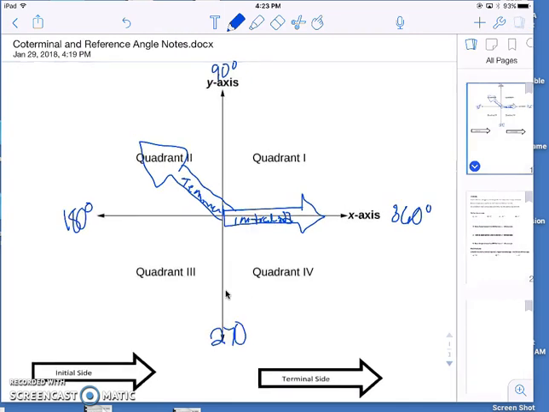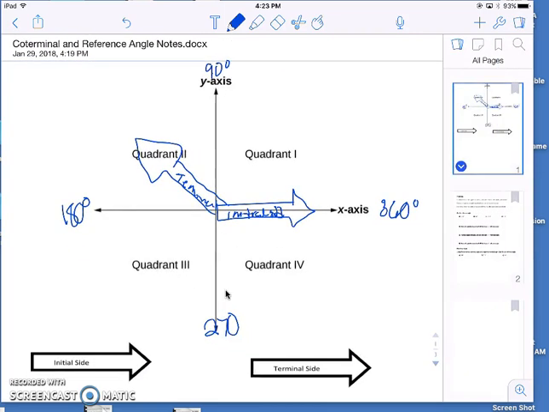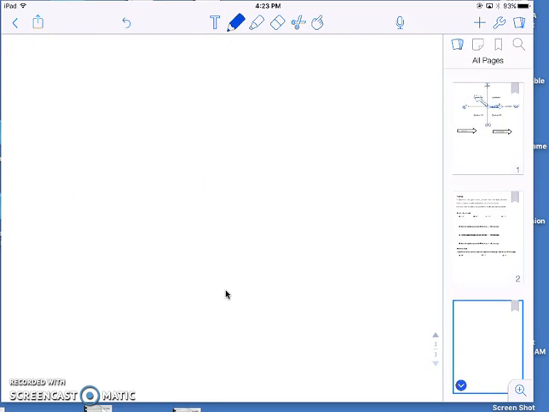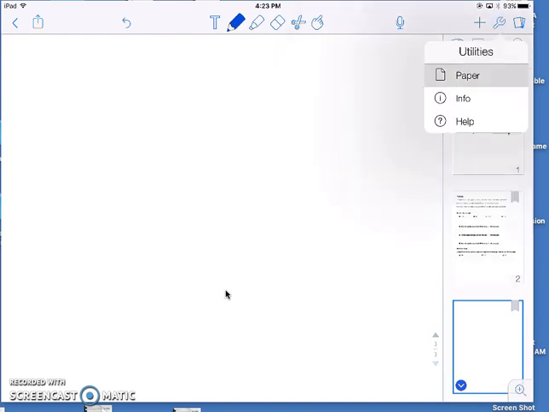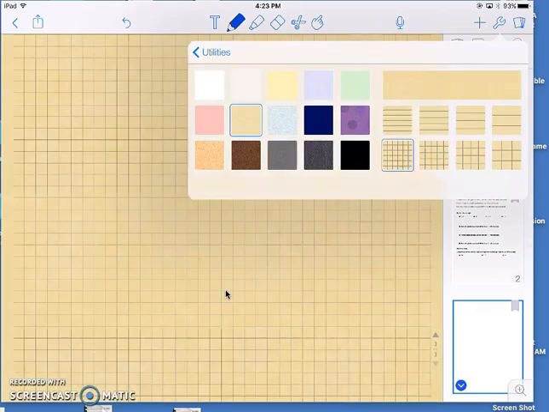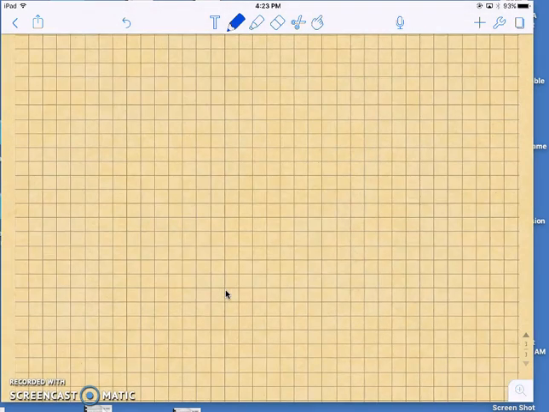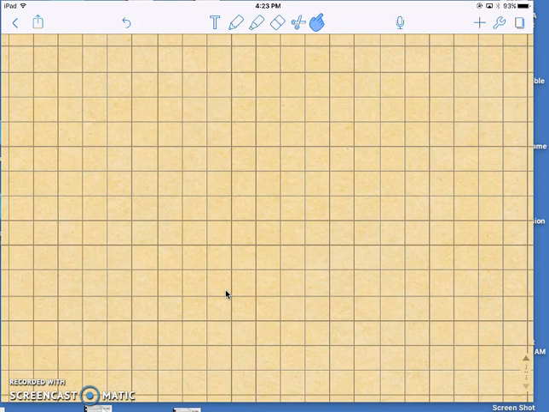So we're going to add some information here. We're going to add some vocab here. The first one is standard position.